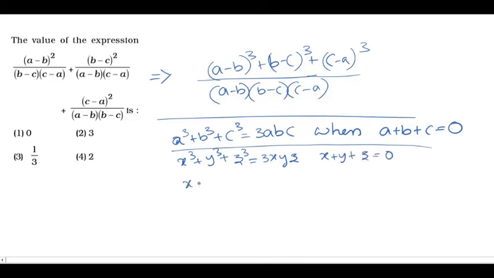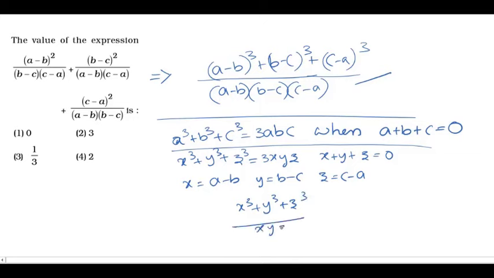Here you can notice, you can take x as a minus b, y as b minus c, z as c minus a. Then this simply becomes x cube plus y cube plus z cube by xyz. So this becomes 3xyz by xyz. So it becomes 3.